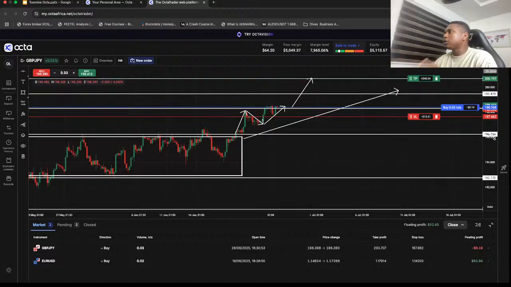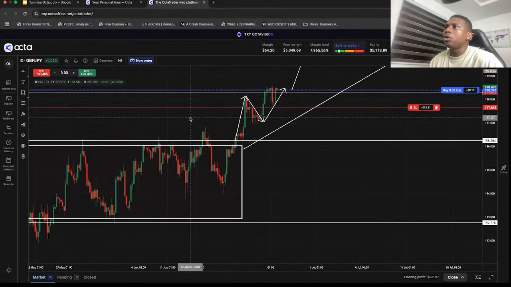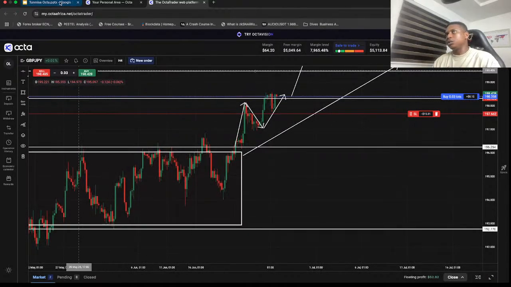And our stop loss is on 197.662. Take profit level is 200.707. Stop loss level is 197.662. Okay, so that will be all on the live analysis.